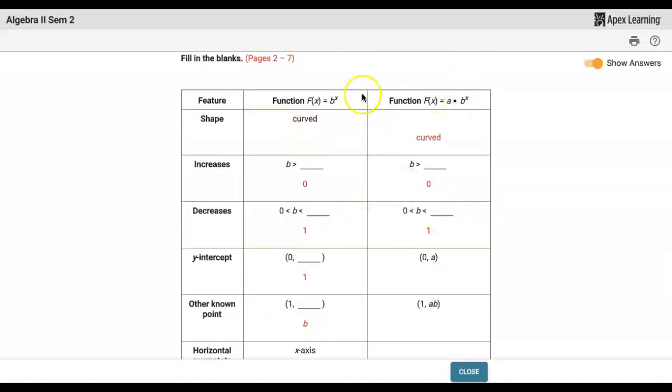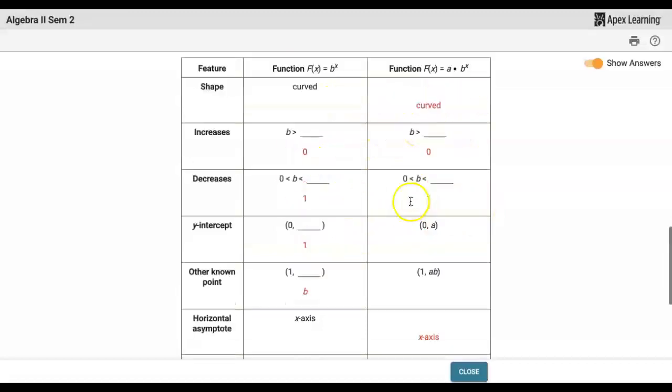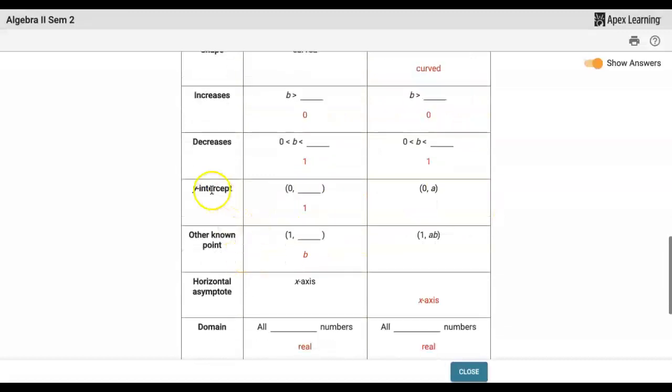Looking at both our b to the x function and our a times b to the x function, there are going to be things that are similar. The main differences are what happens at our y-intercept and the other known point. Instead of being at 0, 1 or 1, b, it goes to 0, a and 1 comma a times b.